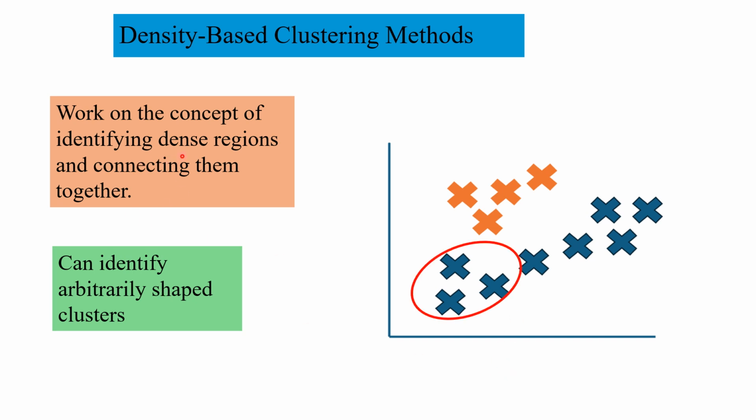So when we say dense region, this is a dense region because we see the objects are fairly closely put together here. Now from this region, we find another set of objects which are close to this dense region.